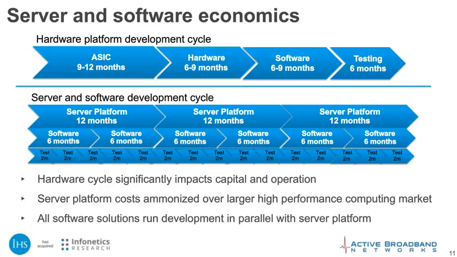So going back and looking at what we've done over the last 15 or 20 years in specialist telecommunications equipment and routers and broadband network gateways, or PE routers in particular, is they've been on a particular hardware cycle that I'll call a network hardware platform development cycle. And it kind of went like this.